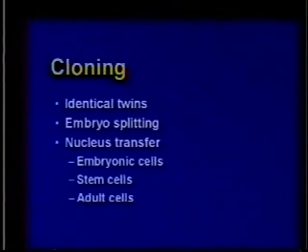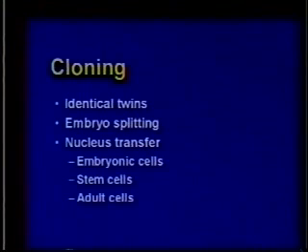By using the technique of nuclear or nucleus transfer, taking the nucleus from a donor animal, a very desirable animal, and putting it into an oocyte from which that nucleus has been removed. So an enucleated oocyte receiving a nucleus from an elite animal.